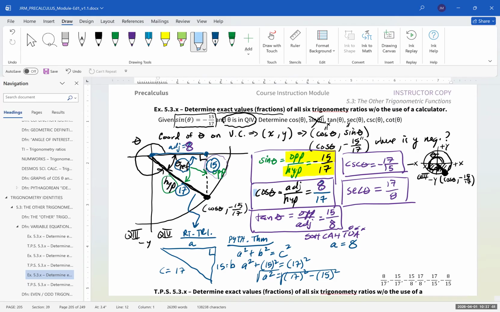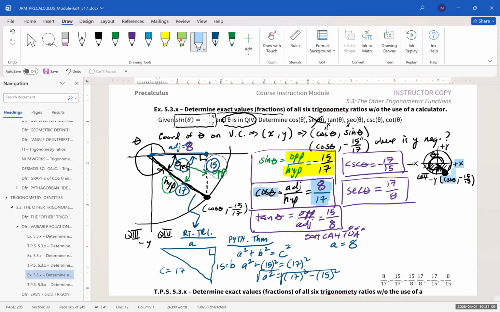When I calculated this value of cosine theta and I got 8 over 17, I need to double check what the sine of that was, right? Because over here in quadrant 4, the value of x is positive.